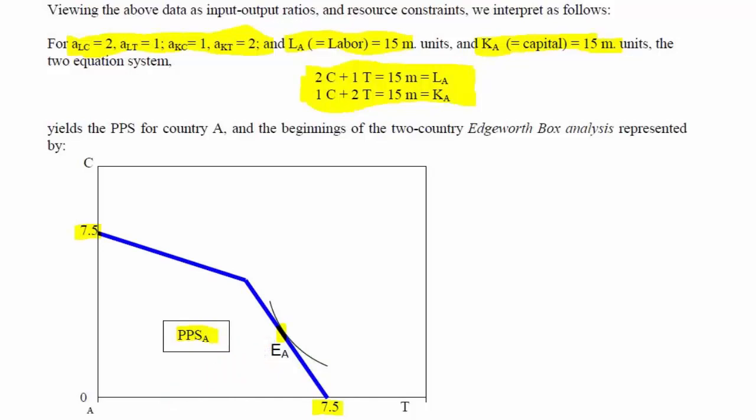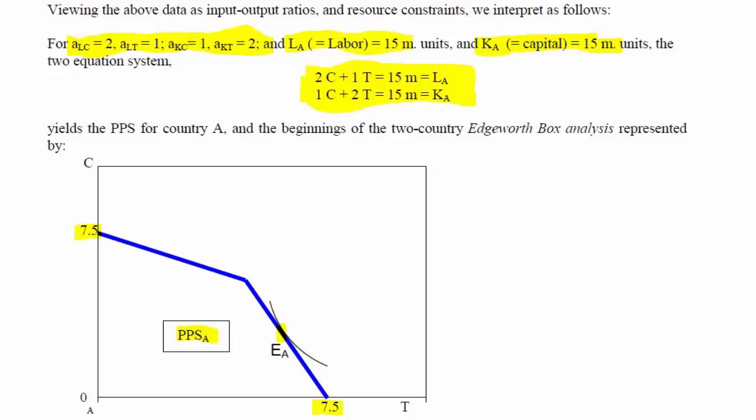But if we went for a point that was strictly to the northeast of E subscript A, then we know that the country would be having a larger quantity of both C and T, and given the assumption that more is better, then any point to the northeast of the intersection of the indifference curve with the production possibilities frontier would represent a higher level of satisfaction, unambiguously.